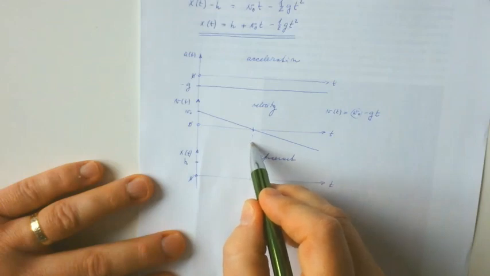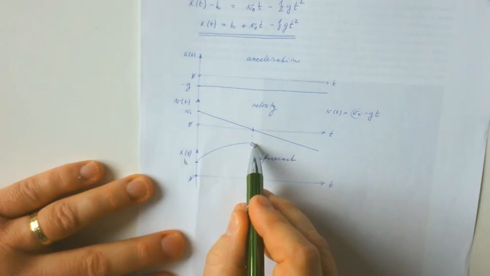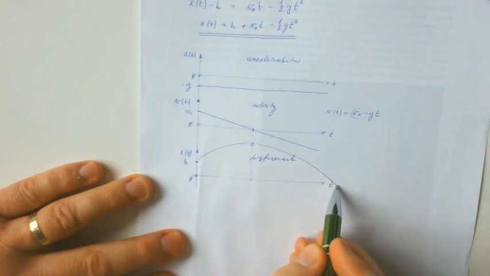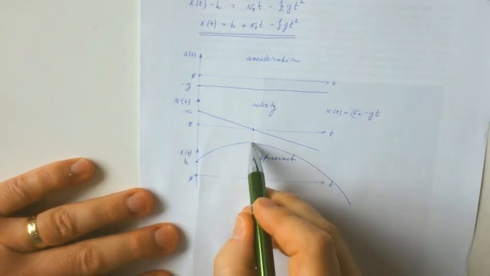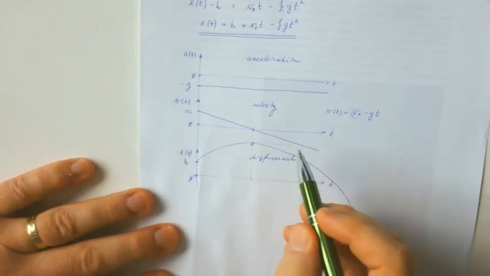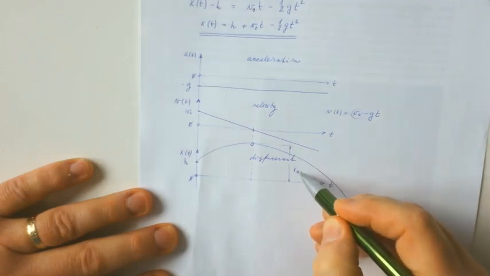Okay, and it's polynomial of second degree. So, and this is highest value of displacement, so this is x max.